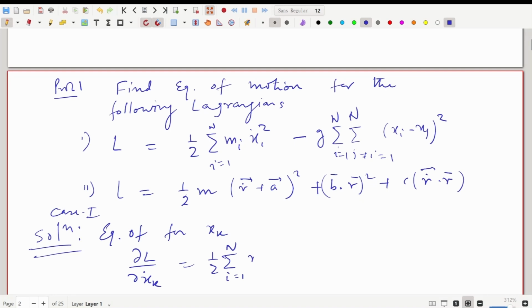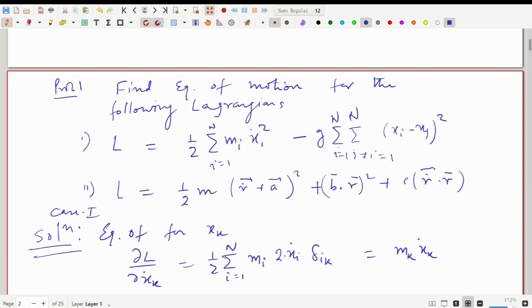So, m_i is a constant, so it will not be differentiated. x_i dot square will be differentiated to 2 x_i dot, and then x_i dot will be differentiated with respect to x_k dot. So, this will produce a delta_ik term. And you can see there is a summation over i and there is a Kronecker delta_ik. So, the summation will be removed and it will be m_k x_k dot.